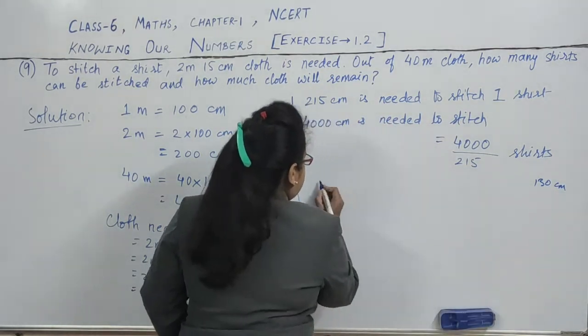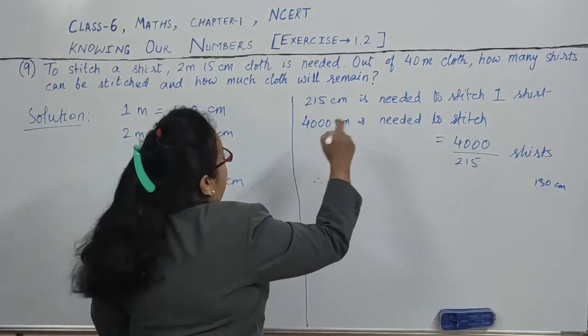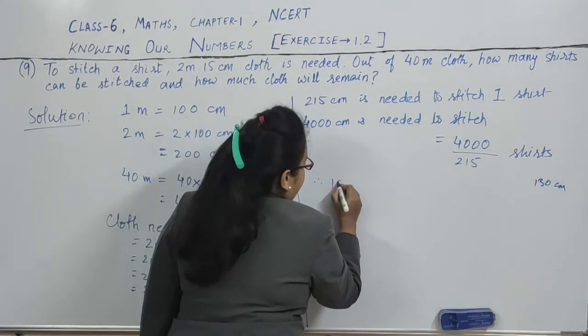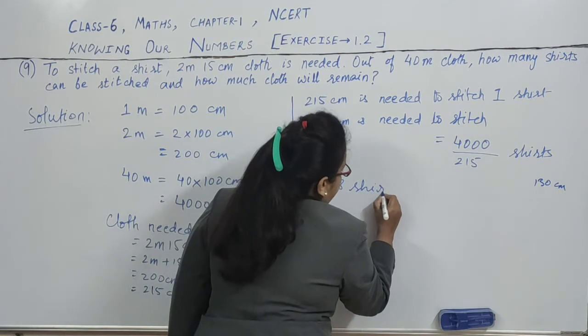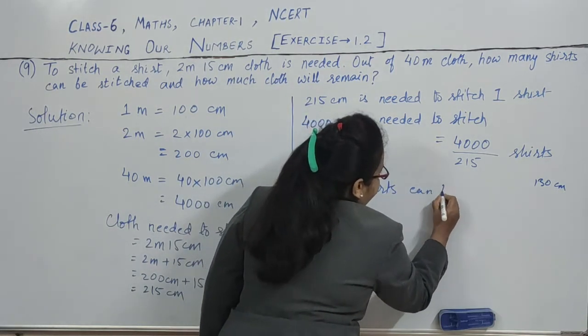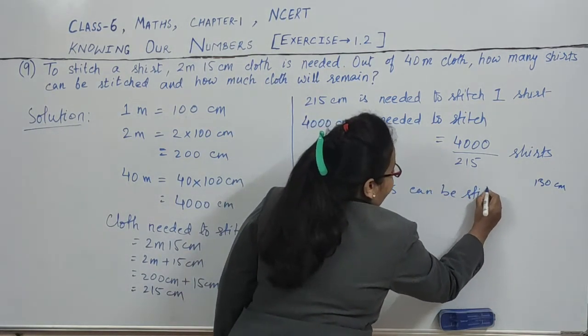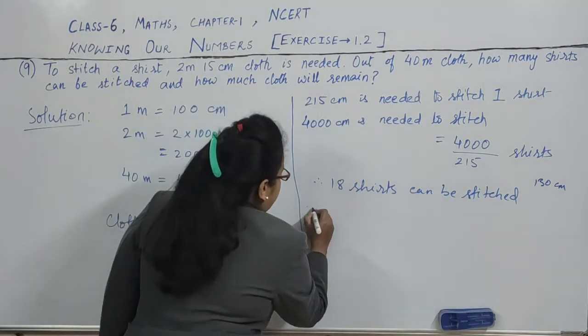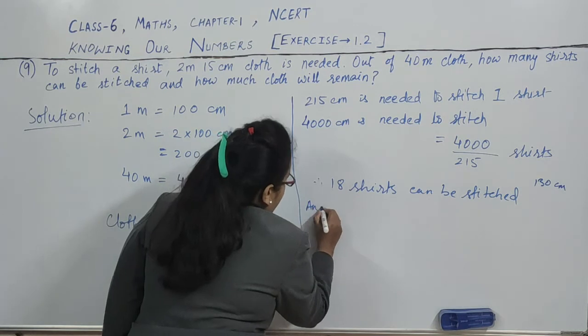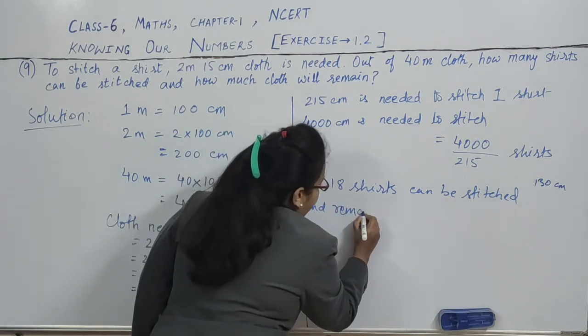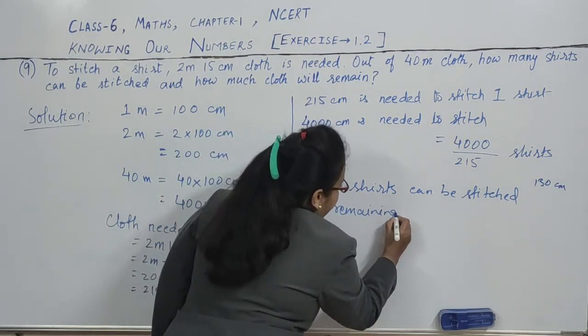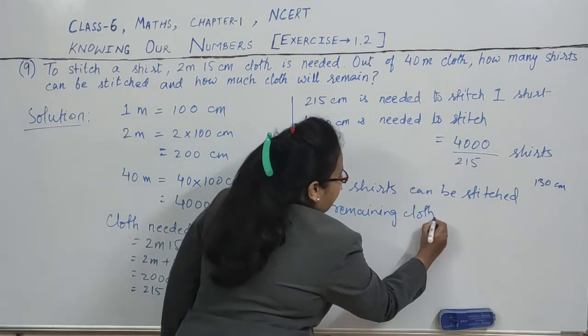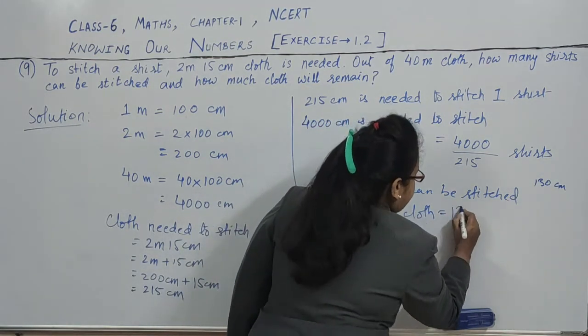How many shirts can be stitched? Therefore, 18 shirts can be stitched. And the remaining cloth is equal to 130 centimeter.